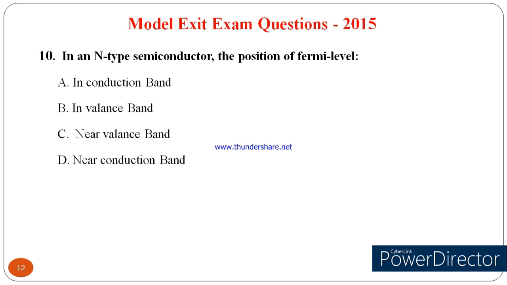In an n-type semiconductor, the position of Fermi level is close to the conduction band, because the number of electrons in the conduction band is greater than the number of holes in the valence band. Hence, the probability of occupation of energy levels by the electron in the conduction band is greater than the probability of occupation of energy levels of holes in the valence band.